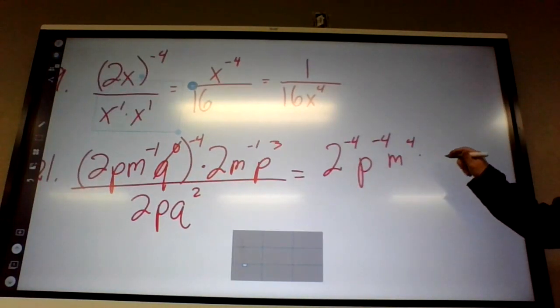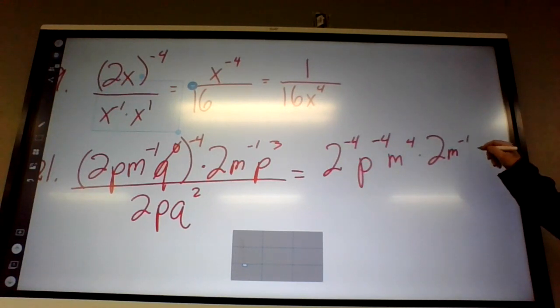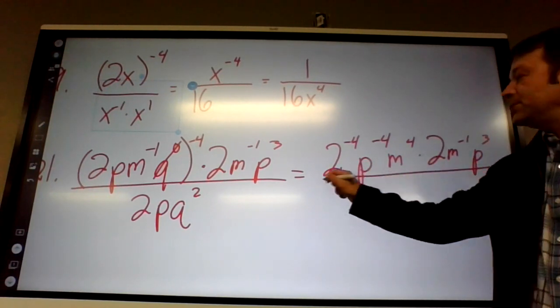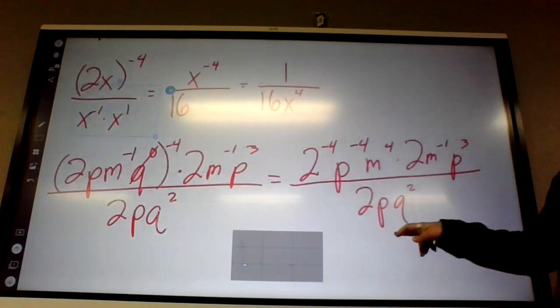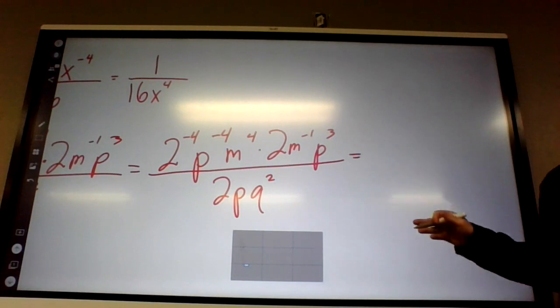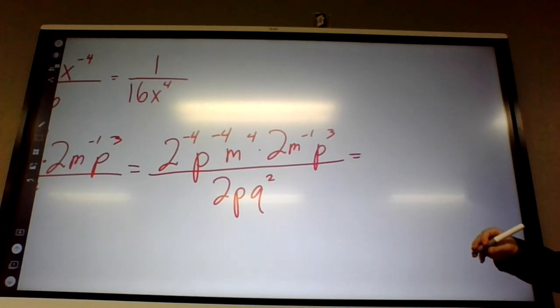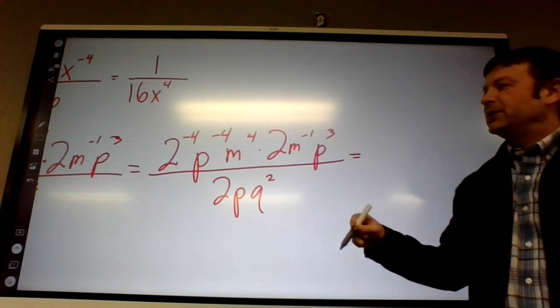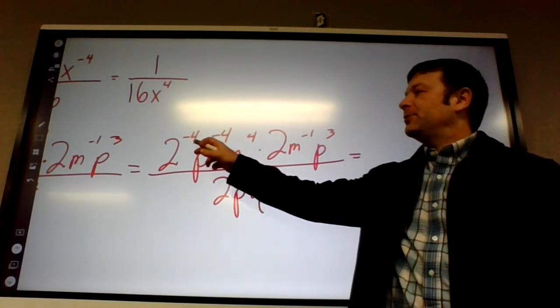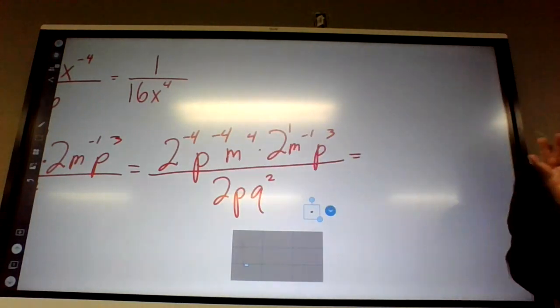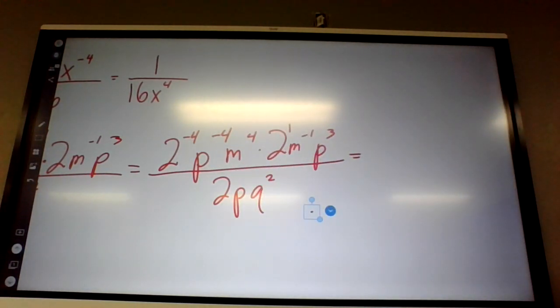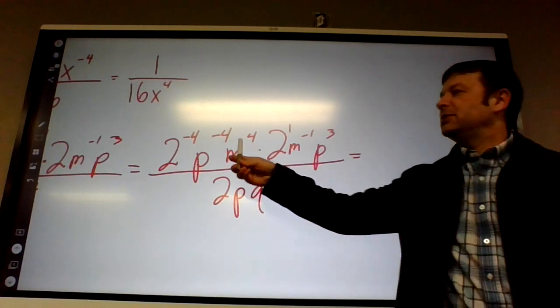All right, so that's the parentheses. Let me write this other stuff down. Let's clean up the numerator first, and then we'll come back to the denominator. The numbers are a little bit weird, but just with the exponents, Sophia, what do you think 2 to the negative 4th times 2 to the 1 is?